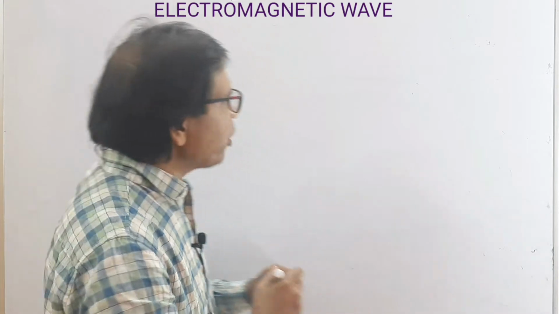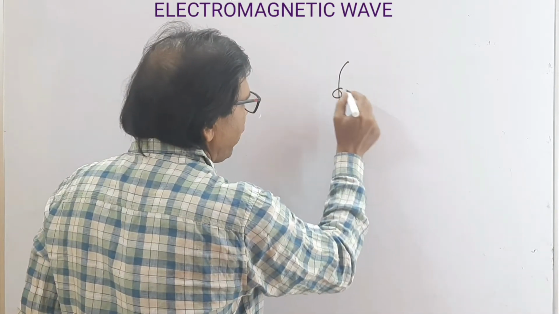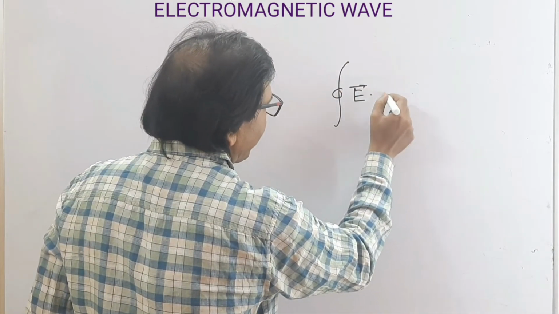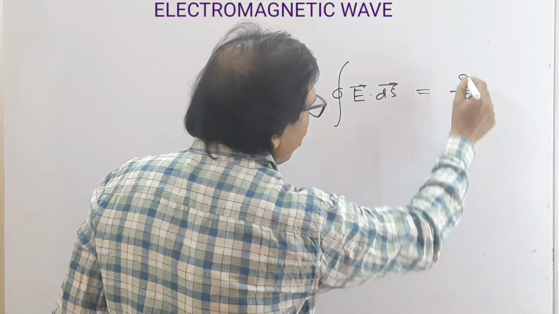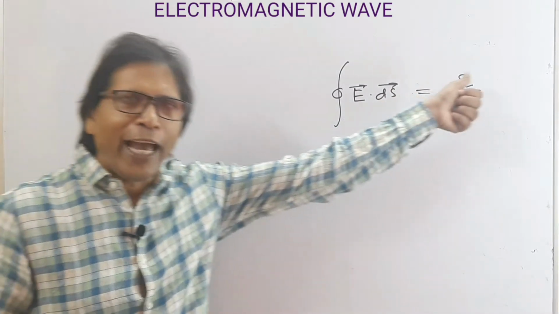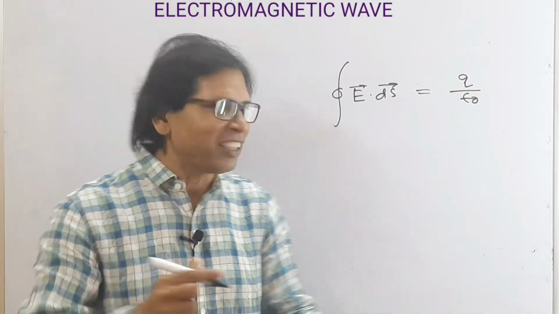Now Maxwell's equations of EM wave. The fundamental laws of electricity and magnetism are taken as the equations of electromagnetic wave, or Maxwell's equations. First of all, Gauss law of electrostatics: E vector dot dS vector is equal to q by epsilon naught, where q is the charge enclosed by the Gaussian surface.